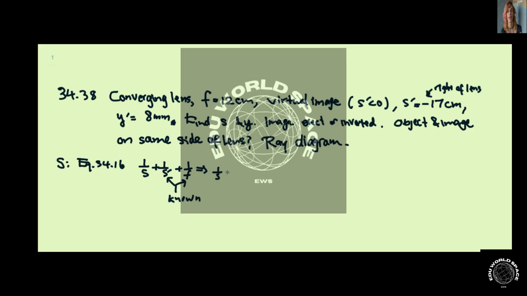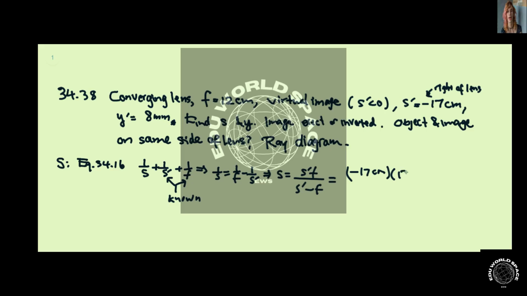So 1 over s is 1 over f minus 1 over s prime. And then I can put these over a common denominator and then flip everything by just taking the reciprocal. And then I get s is equal to s prime f divided by s prime minus f. S prime is negative 17 centimeters.